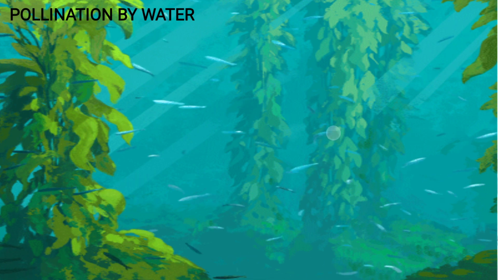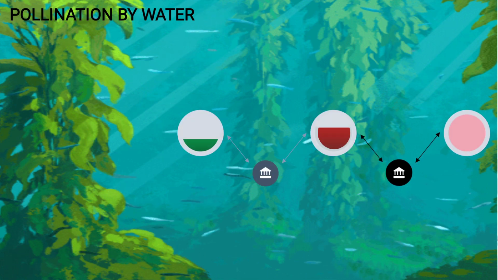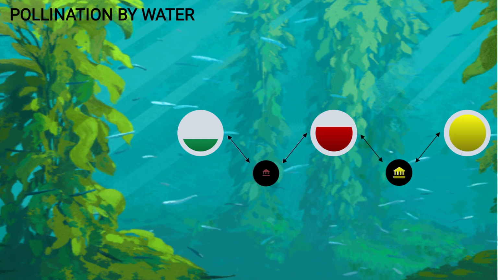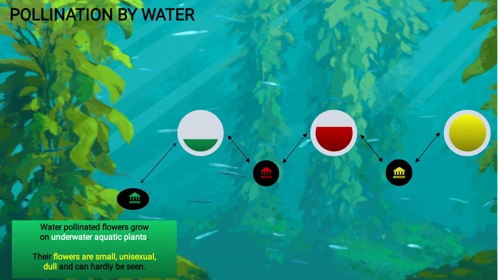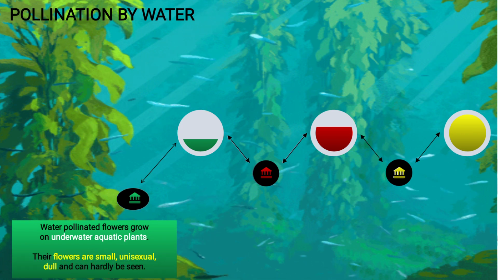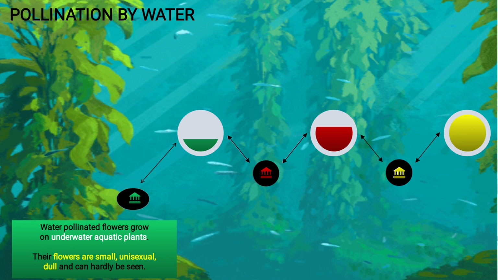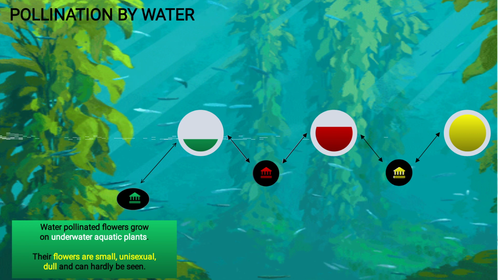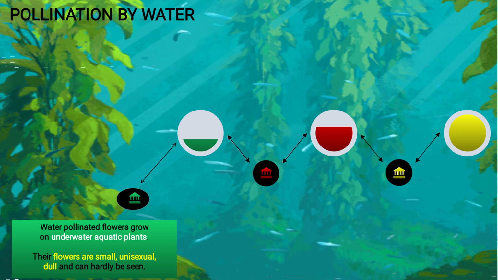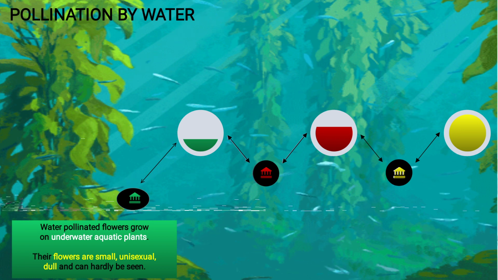Now pollination by water. Water pollinated flowers grow on underwater aquatic plants. They are growing underwater. Their flowers are small, unisexual. Unisexual means one flower will contain the male part and another flower will contain the female part.